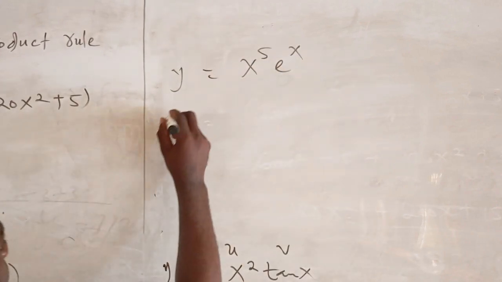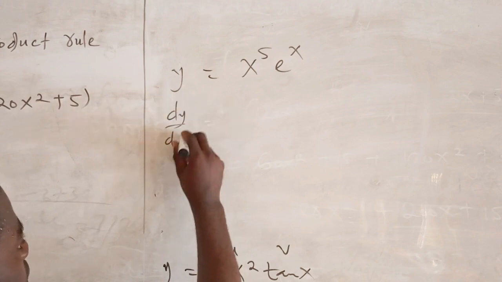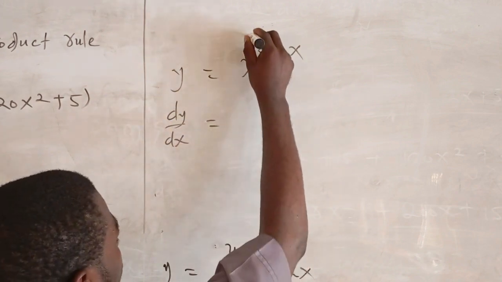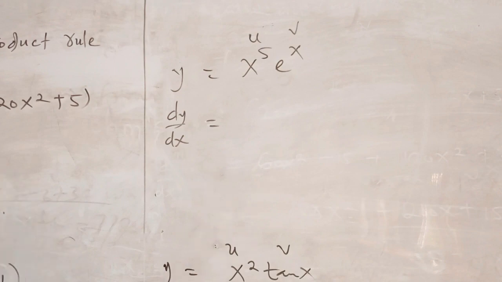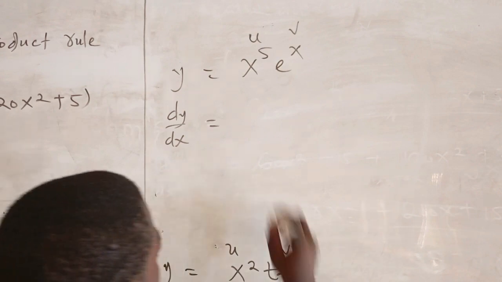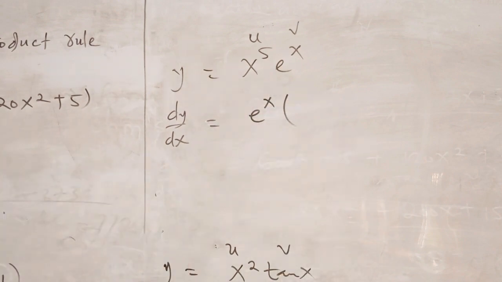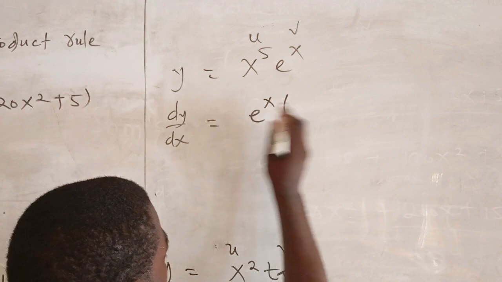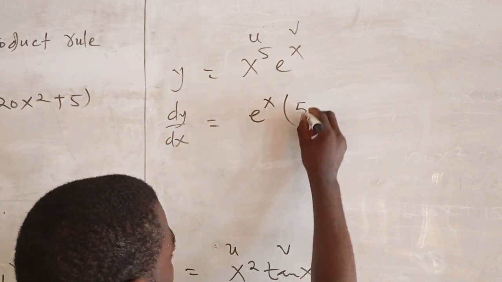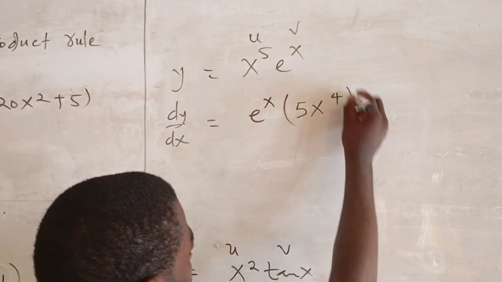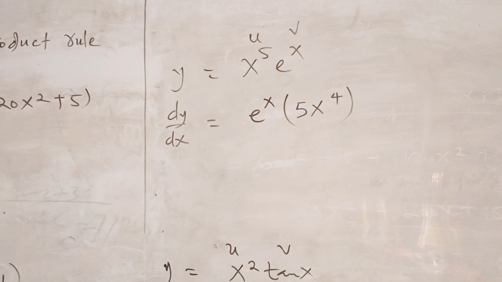Okay, so d/dx will be equal to, remember this is my u and this is my v, right? So d/dx will be equal to v, which is e raised to the power of x, times the derivative of u. If we differentiate x raised to the power of 5, we'll get 5x raised to the power of 4, right?